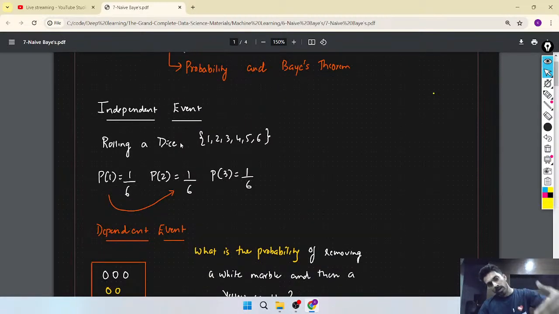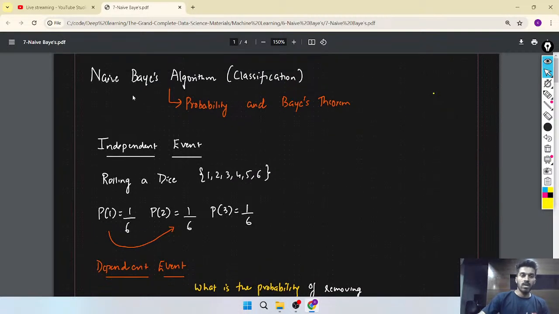Suppose you throw a dice and the next time you throw a dice again, there may be no correlation. The second throw of the dice will not depend on the first throw. That means no dependency. So in naive Bayes, we assume that your independent features are independent, meaning they are not dependent on each other.